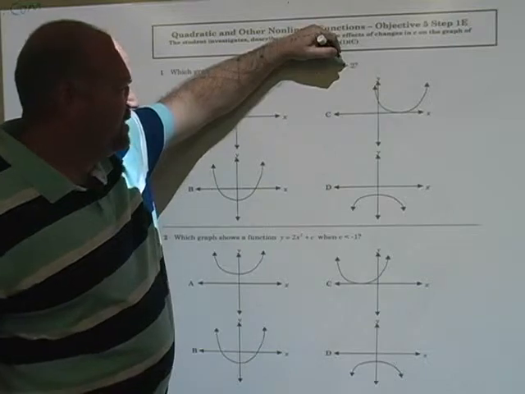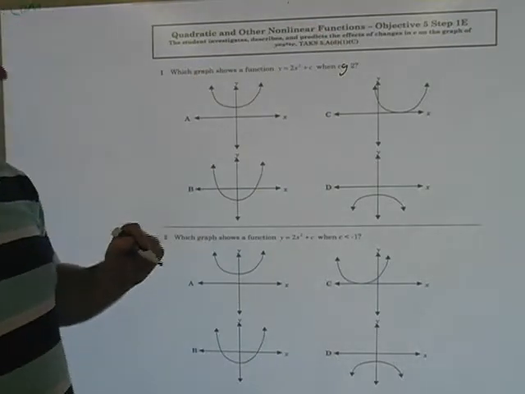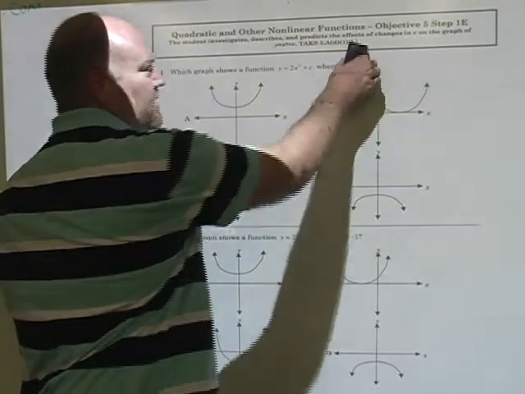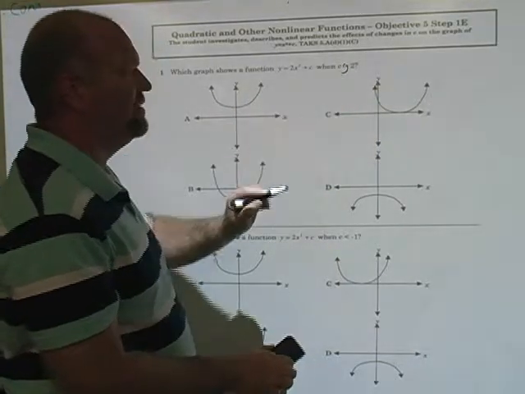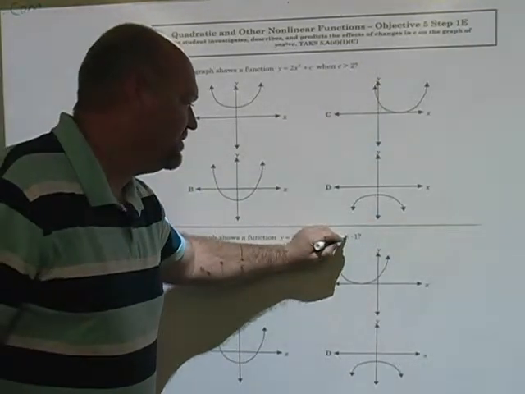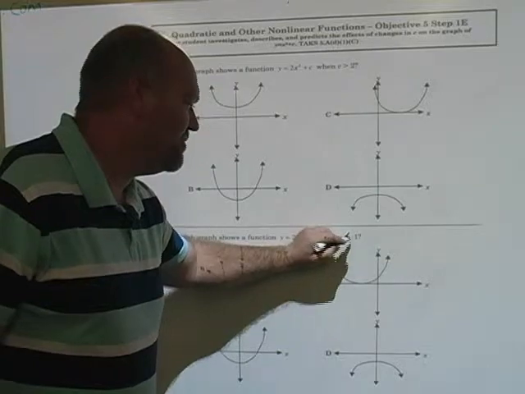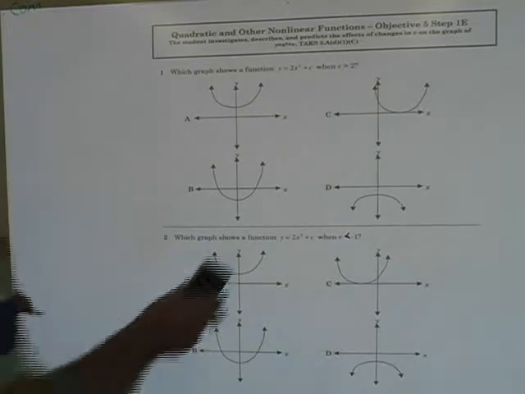Some people use this little trick. Greater than, you can turn that into a G for greater than. And this one, you can almost turn it into an L, like that, for less than.